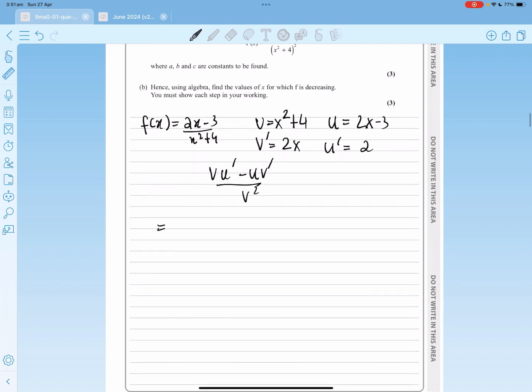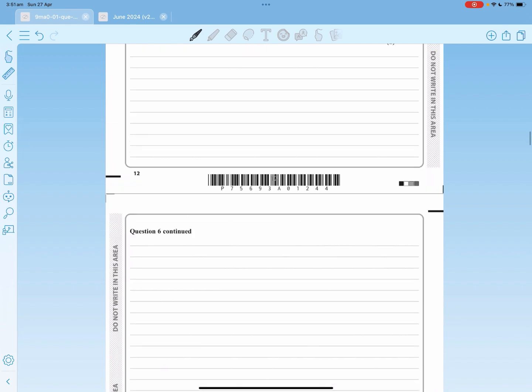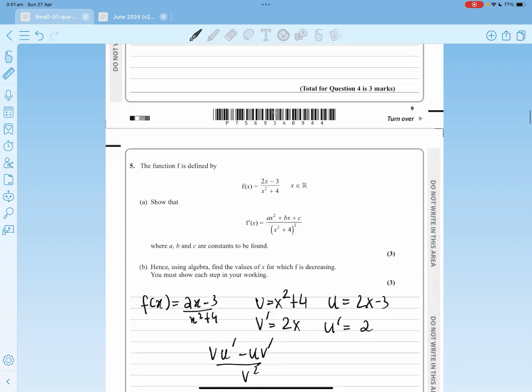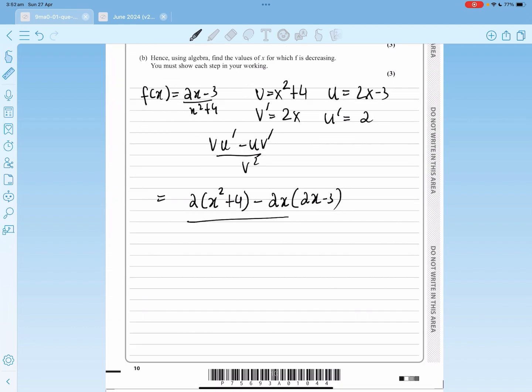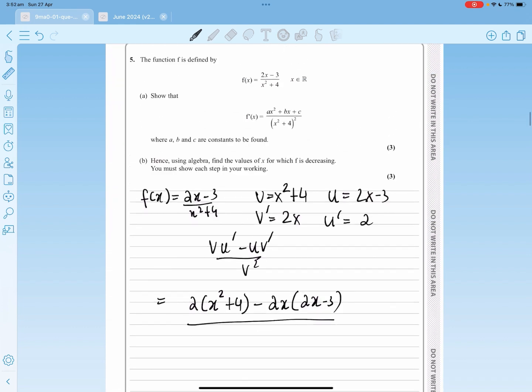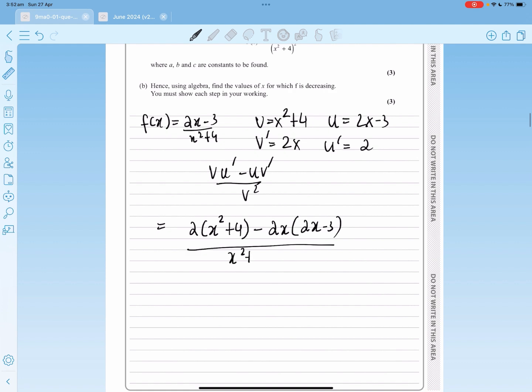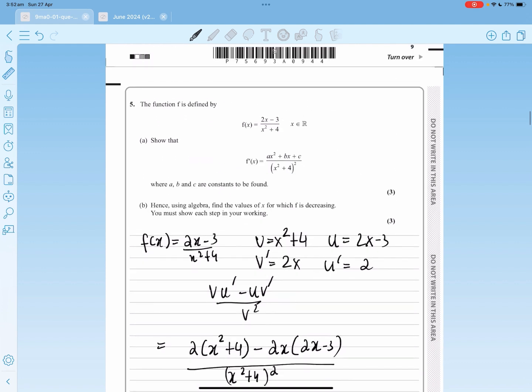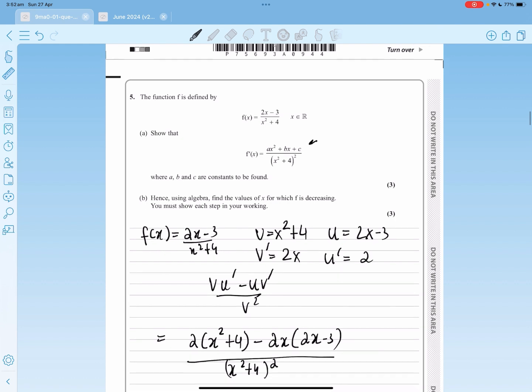Now, the formula for the quotient rule is vu dash minus uv dash over v squared. Now, let's compute this. We'd get 2 times x squared plus 4 minus 2x times 2x minus 3 over v squared, which is x squared plus 4 squared. So it's already starting to look something like that.